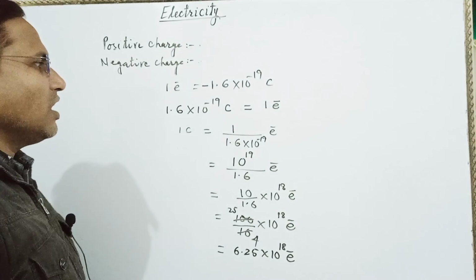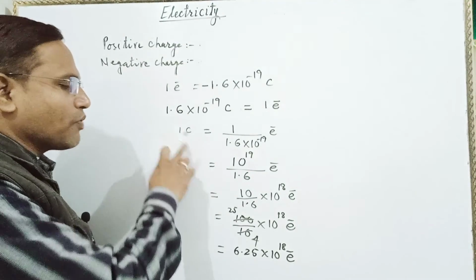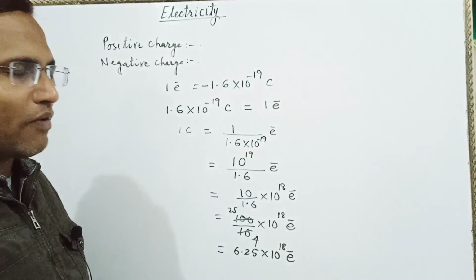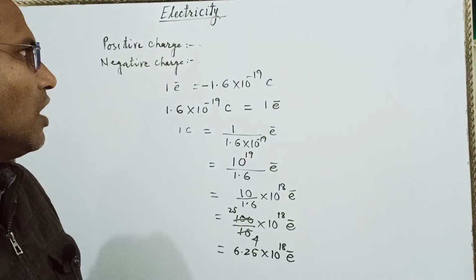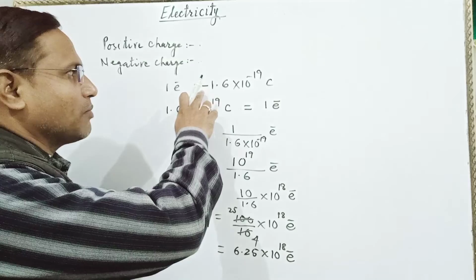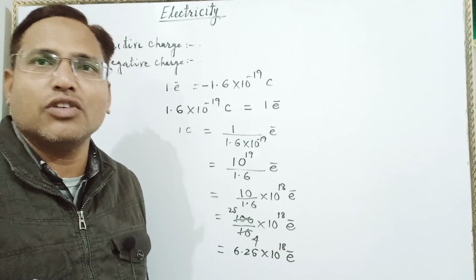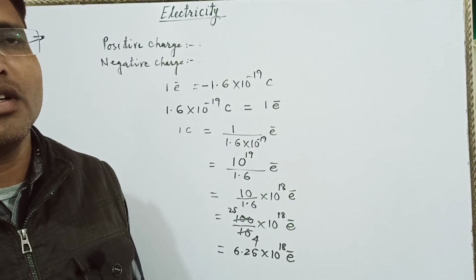So 1 coulomb of charge is present on 6.25 into 10 to the power 18 electrons, and 1 electron has minus 1.6 into 10 to the power minus 19 coulomb of charge.